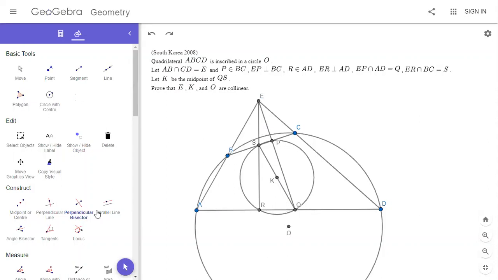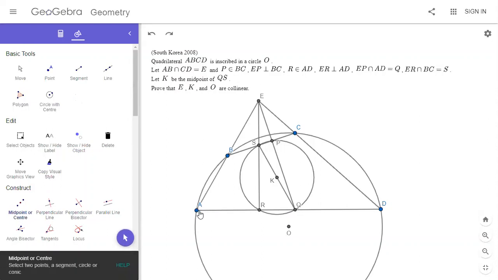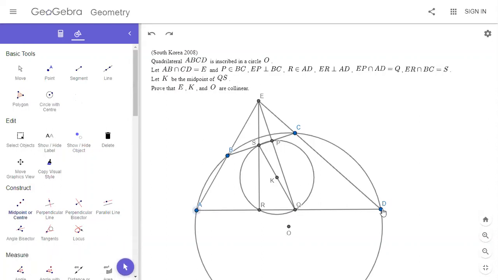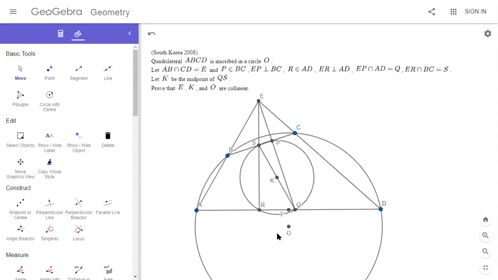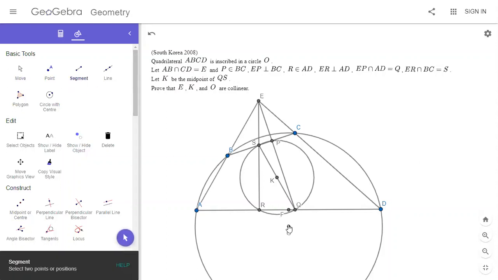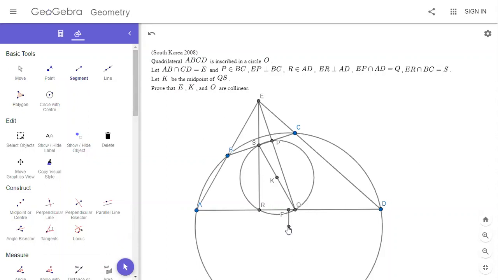So if you take the midpoint of AB, we want to show KOF is similar to KSE. I kind of like that idea. Actually, I'm not sure how helpful it'll be, but I don't know.